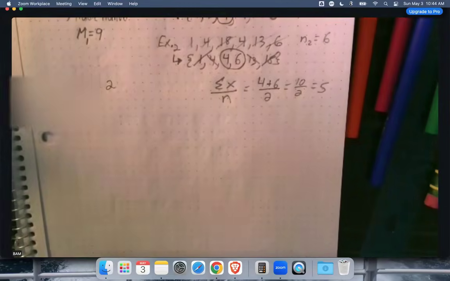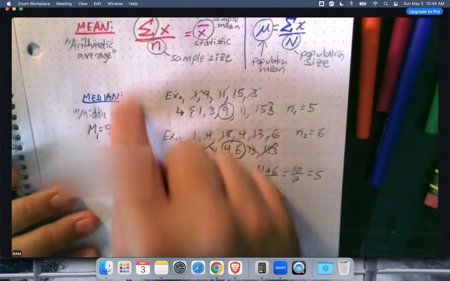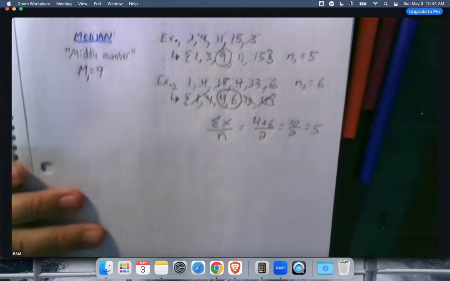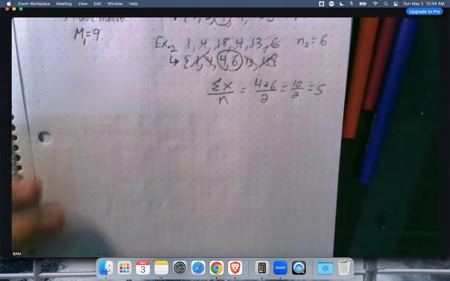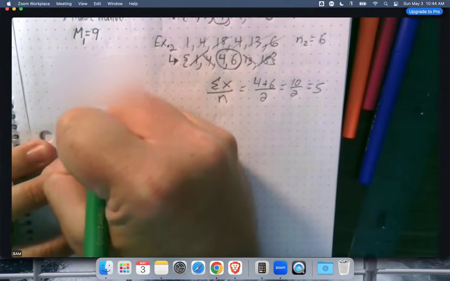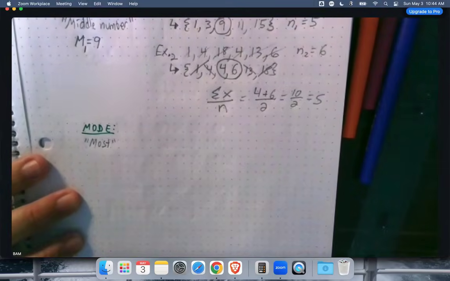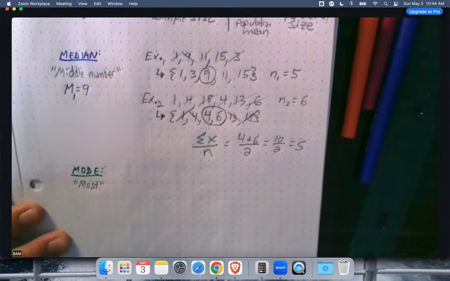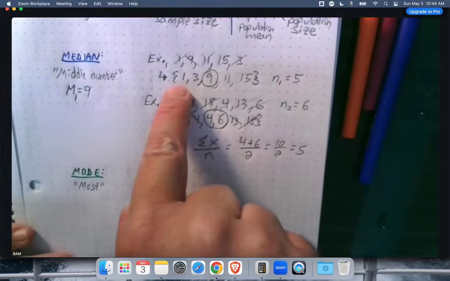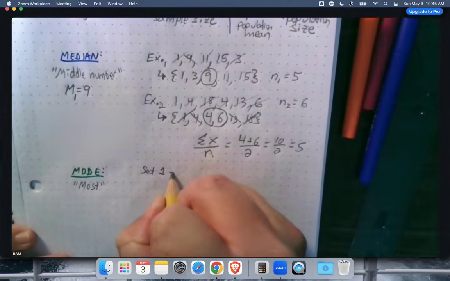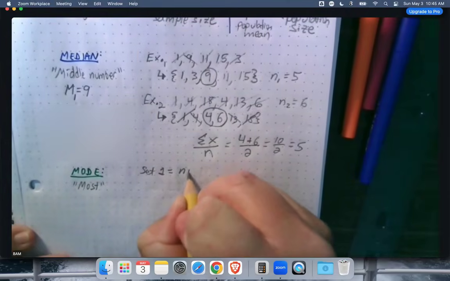All right. So mean and median. Next, we need mode. These things so far are called measures of center. And the keyword is most. So what happens the most? In set one, on the top, most people would say no mode.